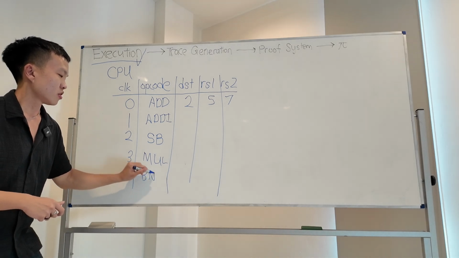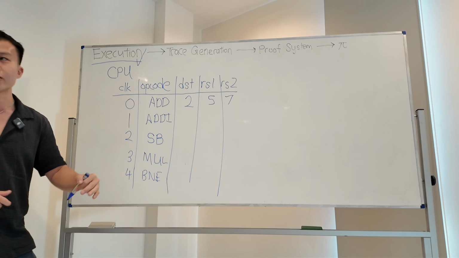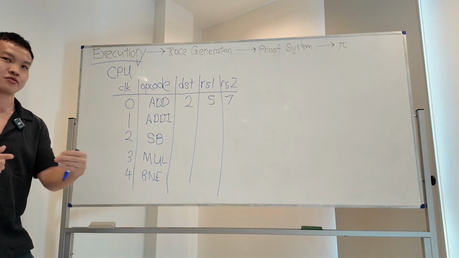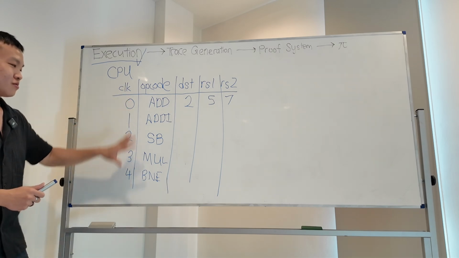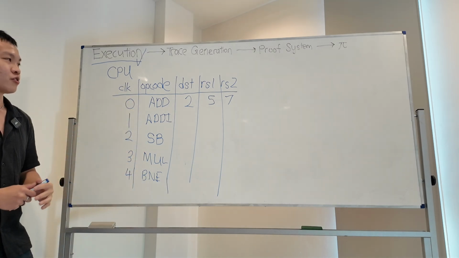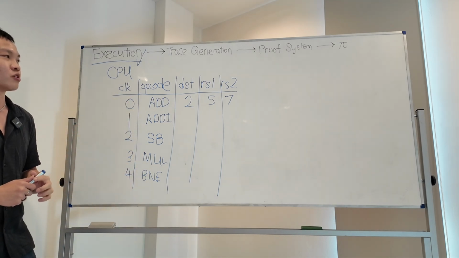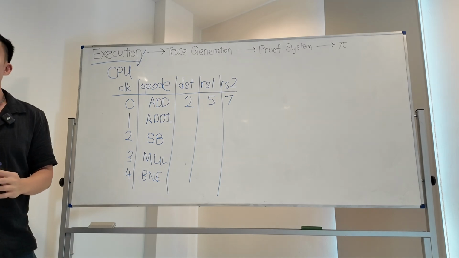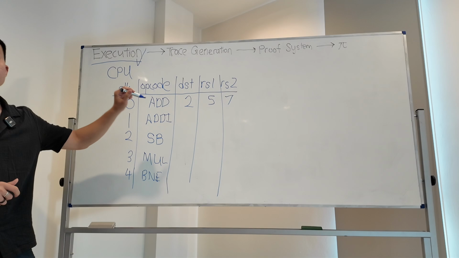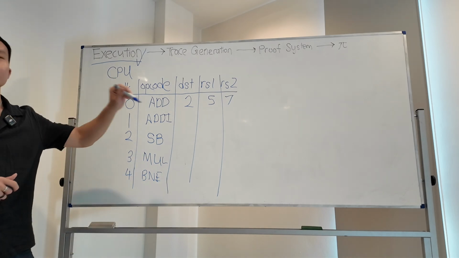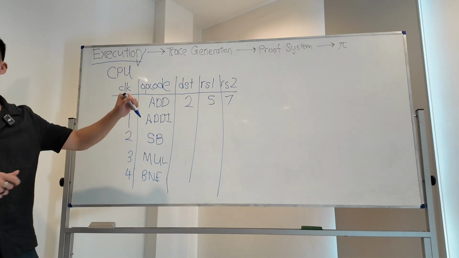So BNE, let's say, which is branch not equals. You can imagine an if-else statement. So you could have a lot of different instructions, and then you could also constrain them in the same trace table. Remember that each value here is something that we want to constrain later on, in some sense.